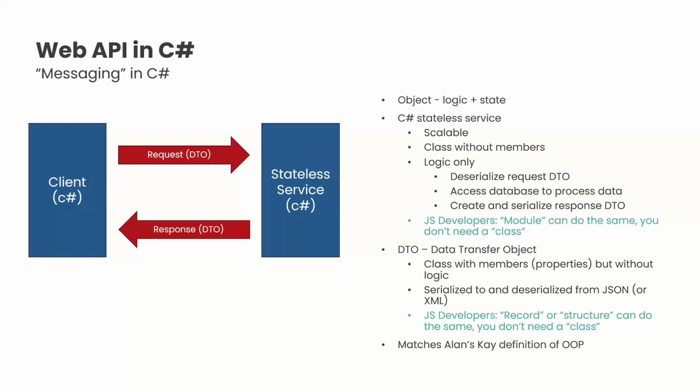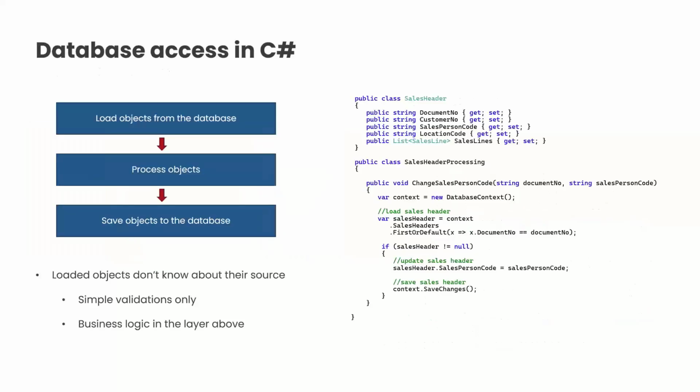But what about the other side? What about the bottom of the application? What about the database access? For database access, again, it's similar. When you're using Entity Framework in C#, you define your classes that represent the tables, and they have a very minimal amount of logic, many times almost no logic, and they don't know from where they are loaded.